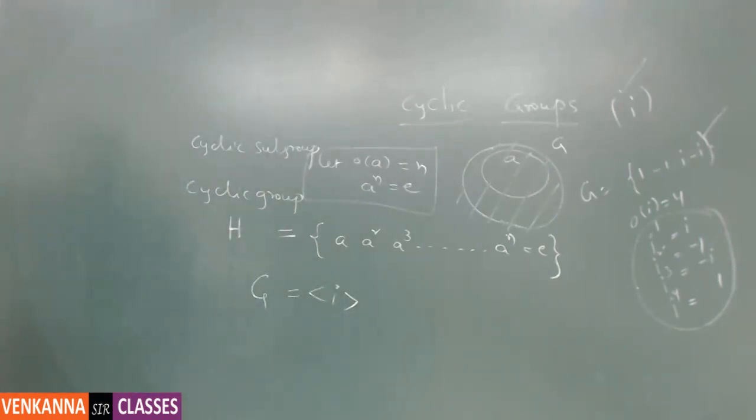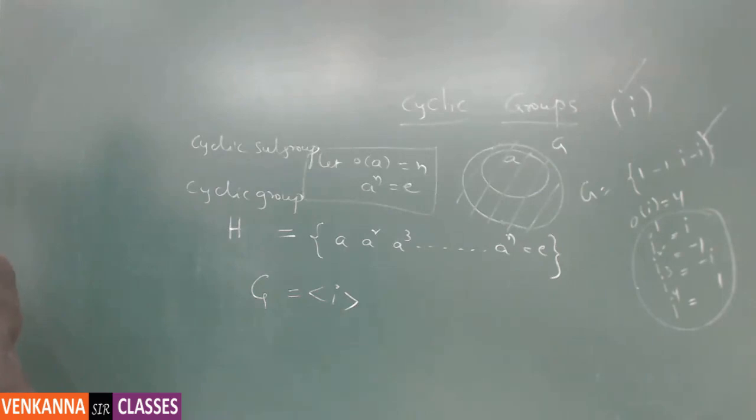G contains 4 elements, so the order of the group is 4. The element I also has the same order. So whenever the element and group have the same order, we can say that it will become the generator of the group. Okay? Did you get the logic?